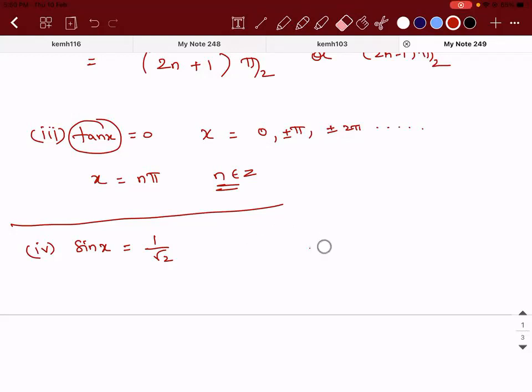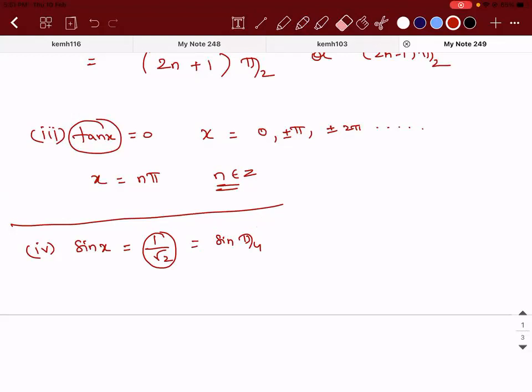That is where the important question comes. What you're supposed to do is write sin pi by 4, because 1 by root 2 occurs in the sine function for the first time when you substitute pi by 4.